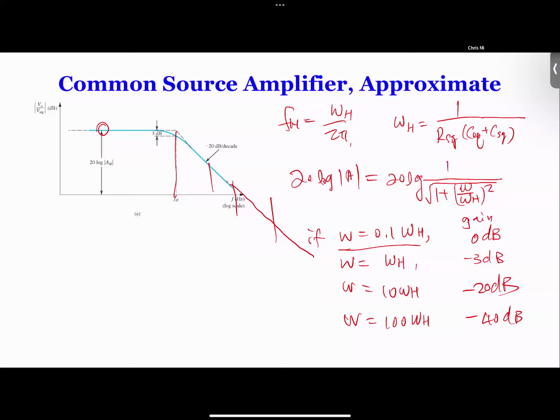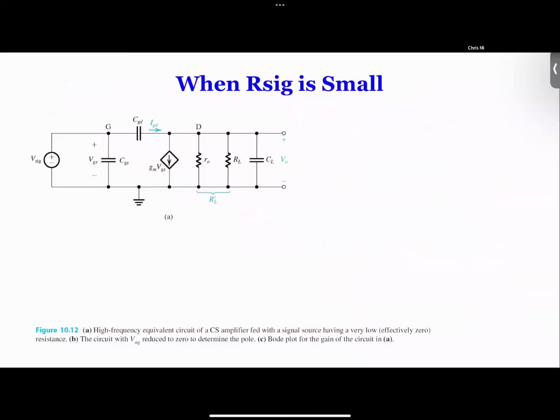From here, what we did was assume there was a resistance for the voltage source. So we have a signal, and then there's a resistance for the signal. This is very common, as most sources have some sort of internal resistance. However, sometimes the source resistance is relatively small in comparison to the rest of the circuit.